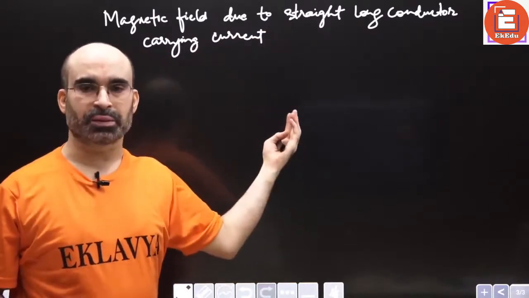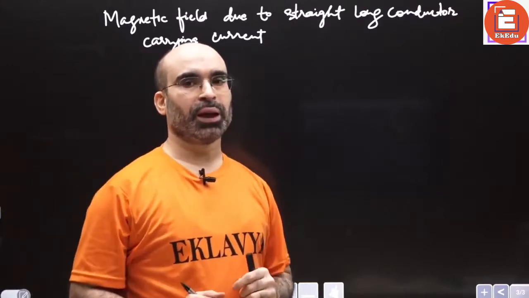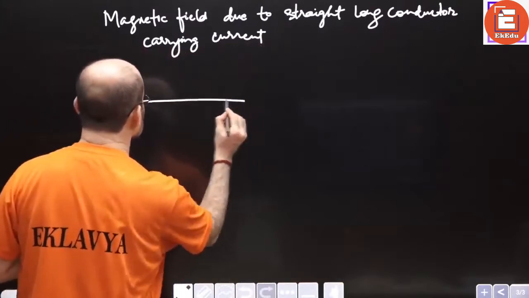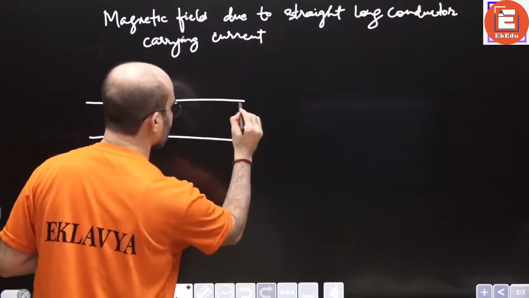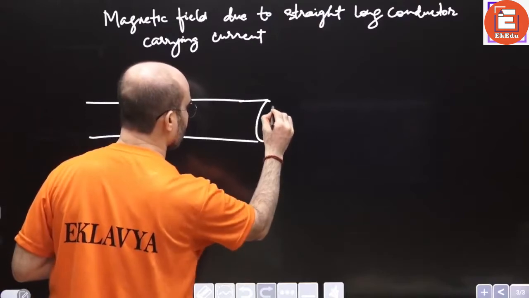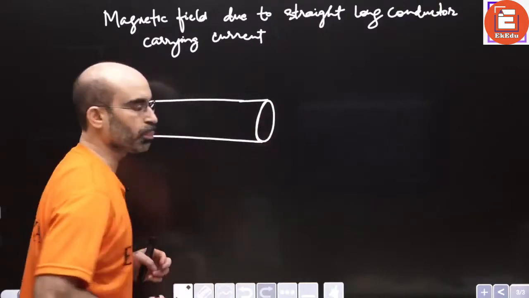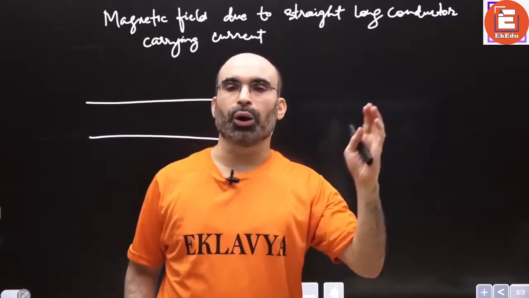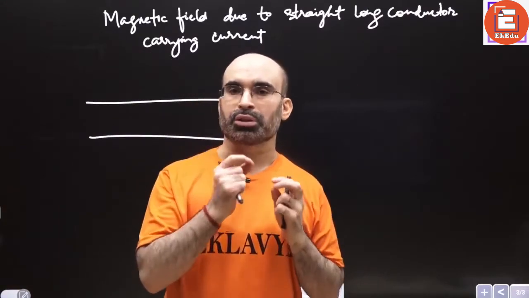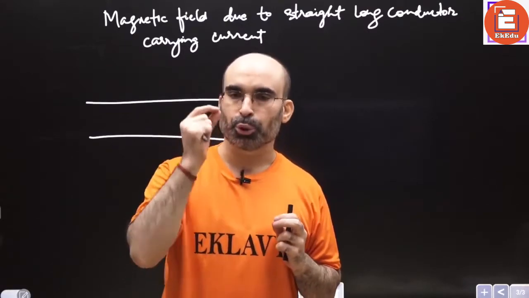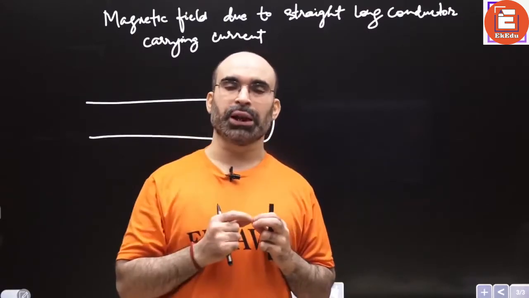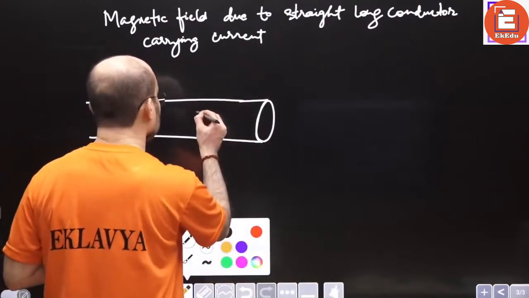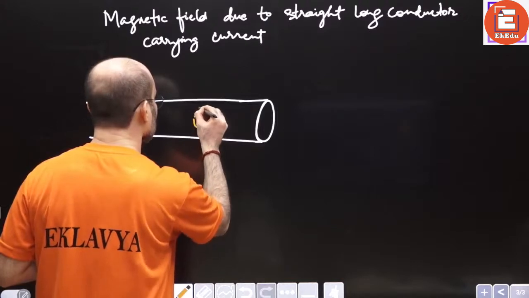We had already done this, but one thing we could not do, that if we need to find out, suppose we have this thickness of the wire. Try to understand this very, very simple thing. While applying Biot-Savart law, we did not talk about the thickness. If we wish to find out the magnetic field inside the wire, let's consider a loop inside this.